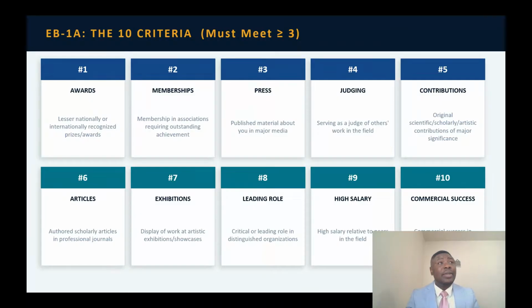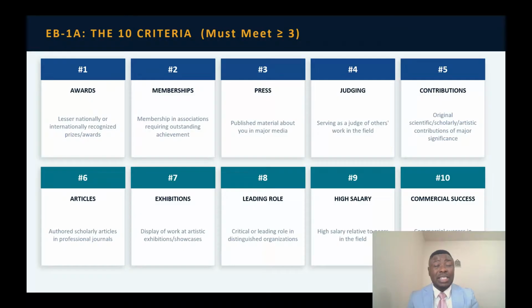This person has met 3 out of the 10 criteria. Now, when I look at this profile holistically, can I confidently say that this person belongs to the people who have risen to the very top of their field? At this level, that is the question the officer will be asking themselves.